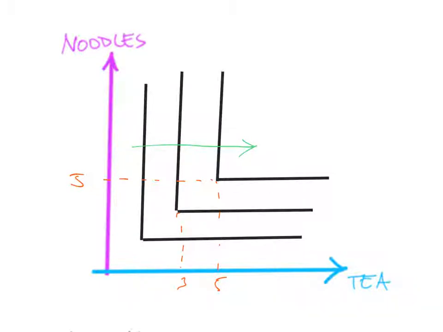That's 3. 3. 1. 1. Think about that for a moment. What can you tell me about this person's preferences about noodles and tea? In English. So don't just describe what the picture says, but in English. What can you say? I'll give you a minute, okay?